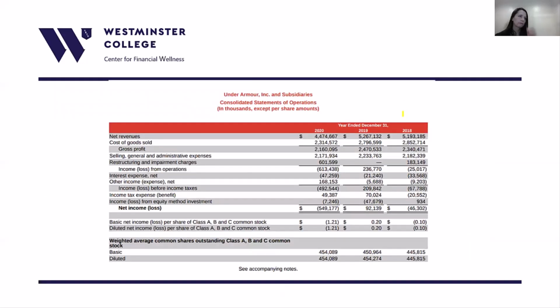Again, I just wanted to provide an example of an actual income statement, or they actually call theirs the statement of operations, like I mentioned they might. All right, pretty standard. Here are our net revenues. So this is them generating wealth by selling athletic apparel and equipment. Here's the cost of the items that they sold. So they have what we call a gross profit of 2.1, probably billion.